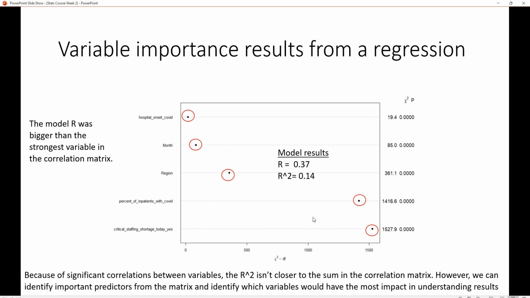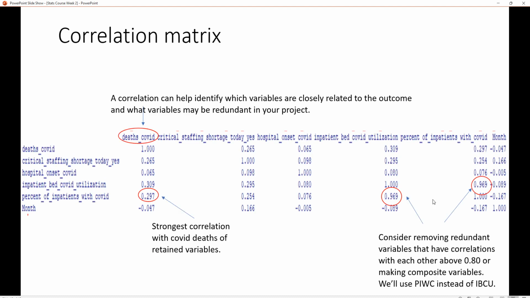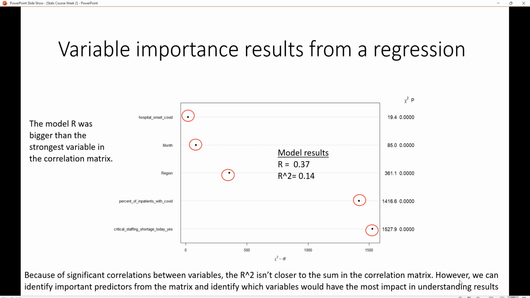But since we see in this correlation matrix many of these things are significantly correlated, we'd have to rule out some of their impact in getting that total R-square. However, we can identify important predictors from the matrix and identify which variables would have the most impact in understanding results.